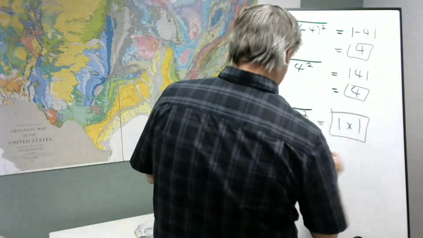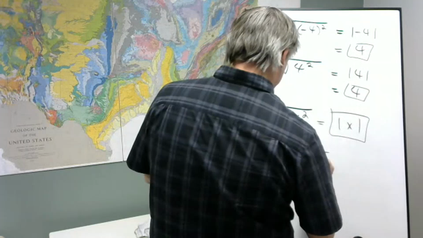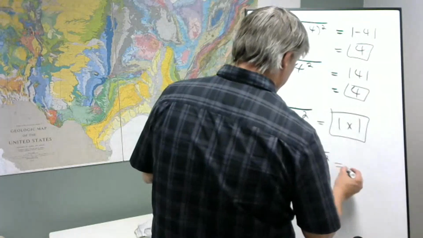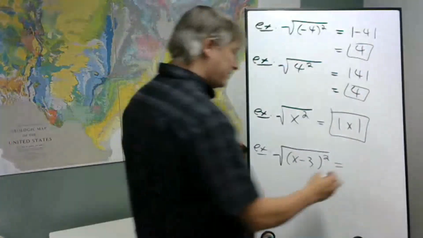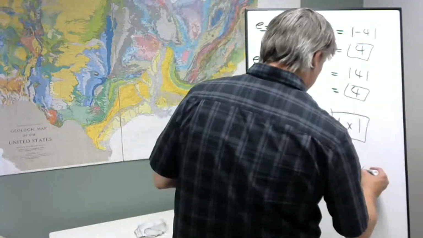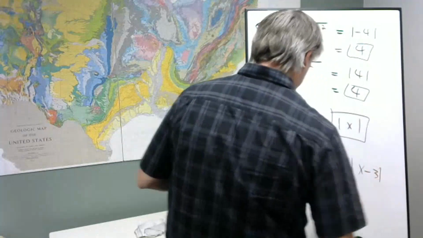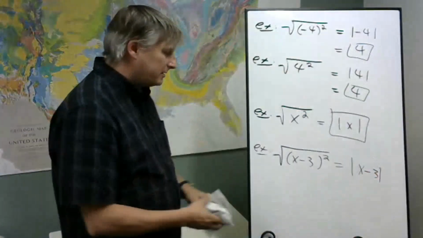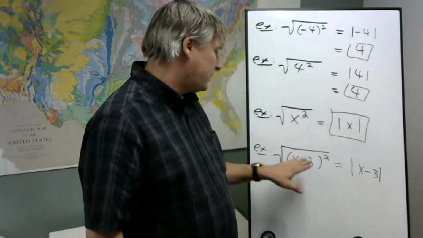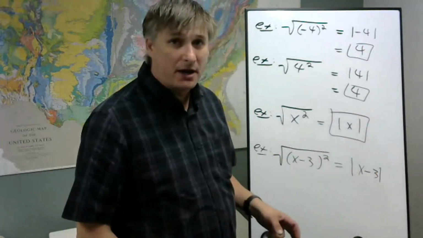If we have the square root of x minus 3 squared, this will become the absolute value of x minus 3. So keep in mind, it's the positive square root of something that's squared on the inside.